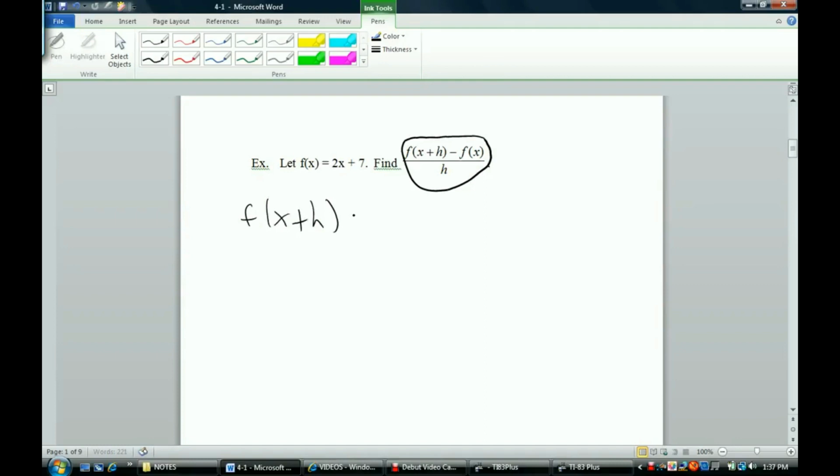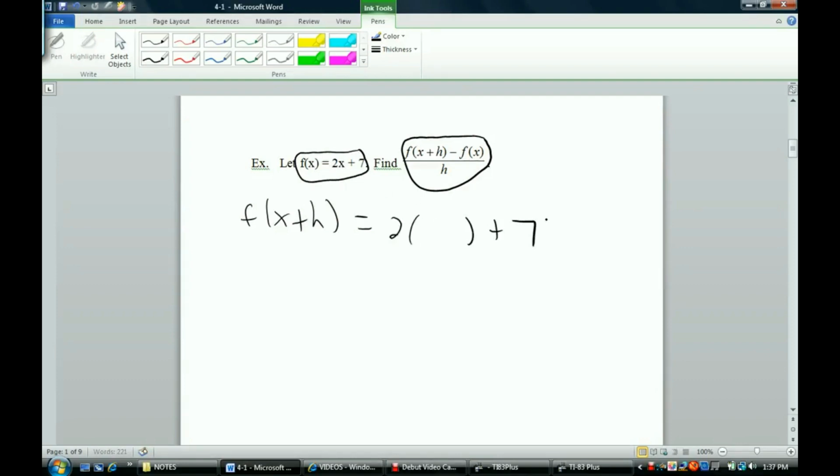And hopefully you've already seen those other videos that I've mentioned. If you have, then you probably have seen similar examples where I said if you're asked to find f of x plus h, and this is your given function, then whatever is inside the parentheses is substituted for the x inside the function. So you may see me write it like this.